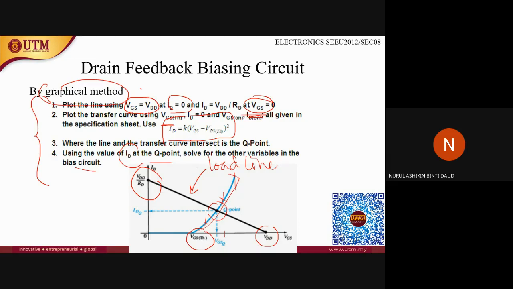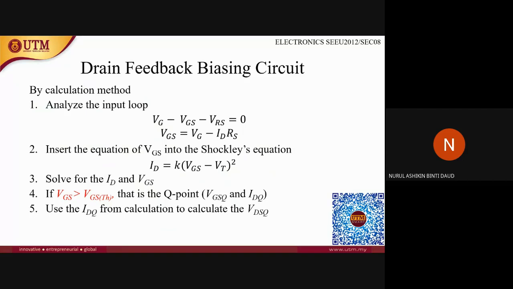Sometimes the question already mentions to use a specific method, then you have to use that method. If they didn't mention it, we usually prefer the graphical method because it is much easier. And let's look at the mathematical method for the drain feedback biasing circuit.